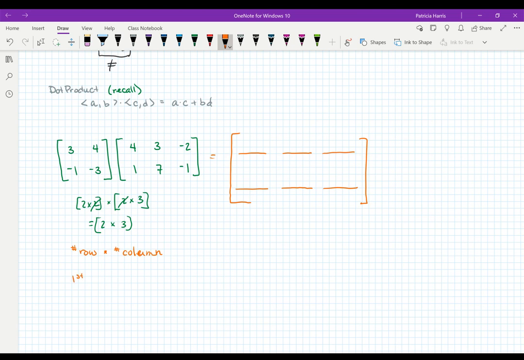So first row dot first column will give you the first row, first column entry in the product matrix.